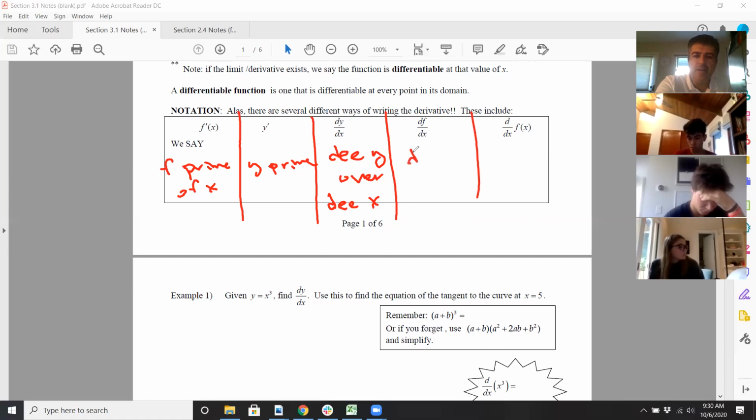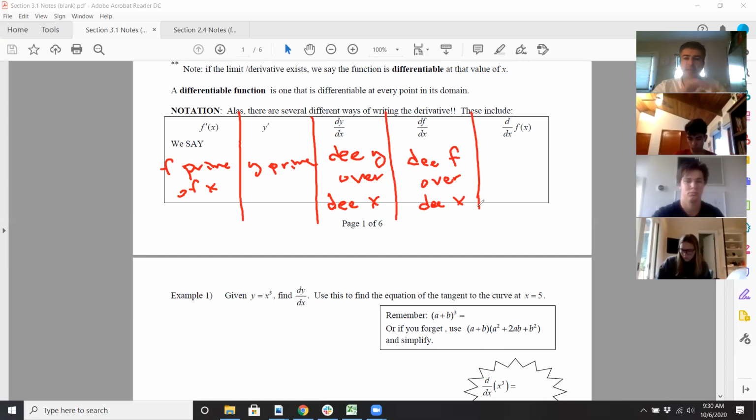This is df over dx. Now, why does this notation exist? Like why the d and the f and the d and the x? That'll be more clear as we get further in this class. For now, just know it means a derivative.